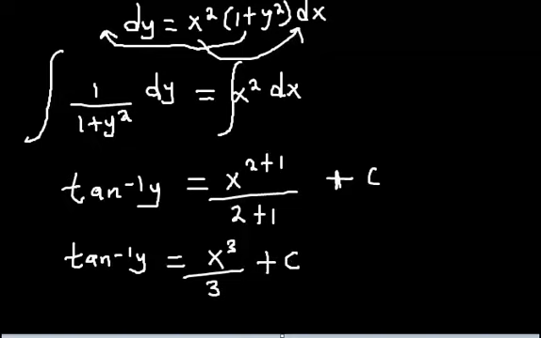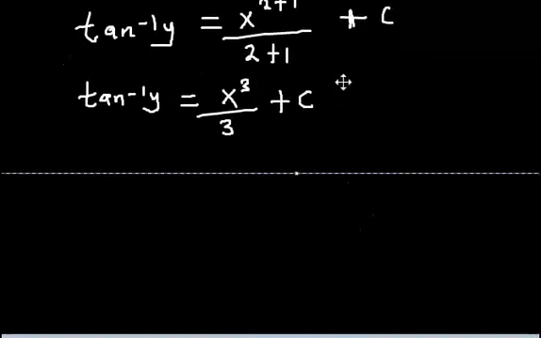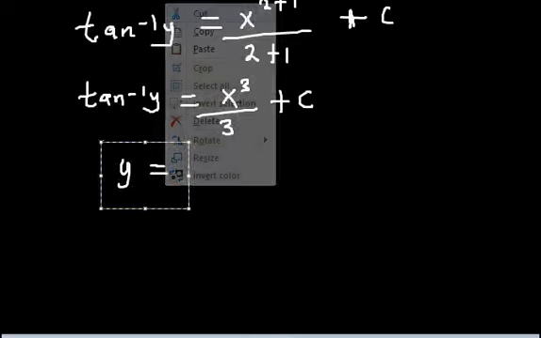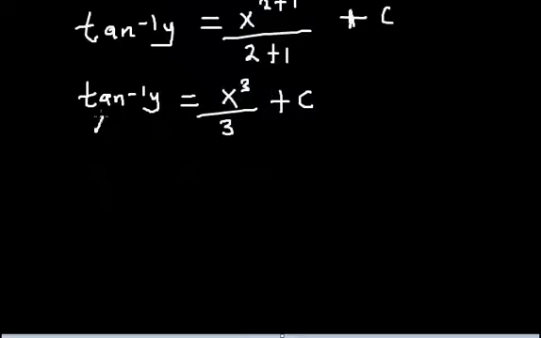So invariably now, to get my y, if tan inverse of y is equal to this, then to eliminate tan inverse I have to use tan, so I have to find the tan of both sides. It's like saying I want to get y, so I have to take tan of tan inverse of y.